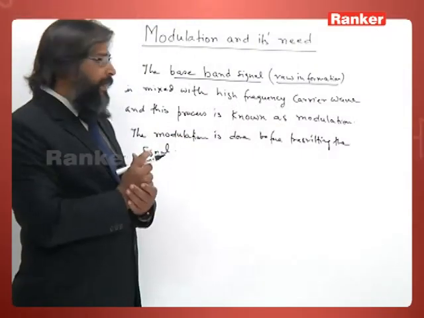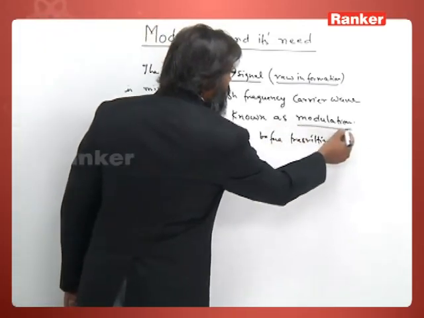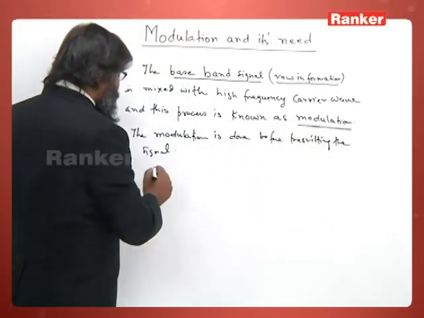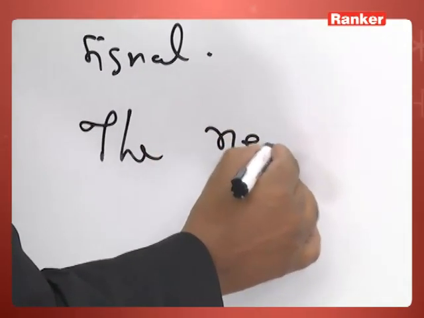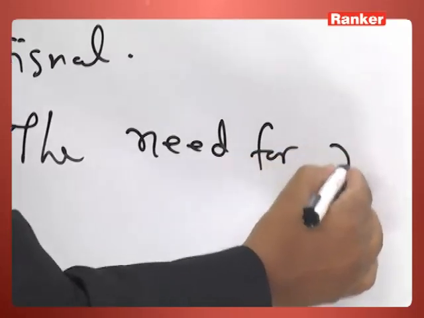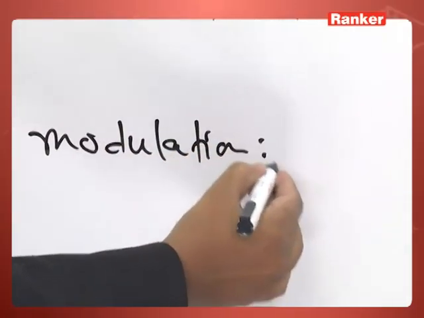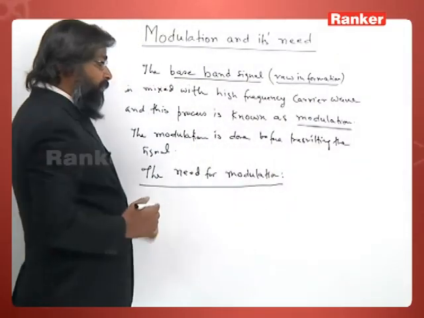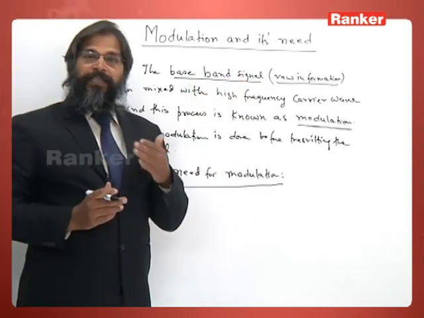Now let us see why this modulation is required. The need for modulation. What is the requirement of modulation? Why can't we send or transmit the baseband signal directly?